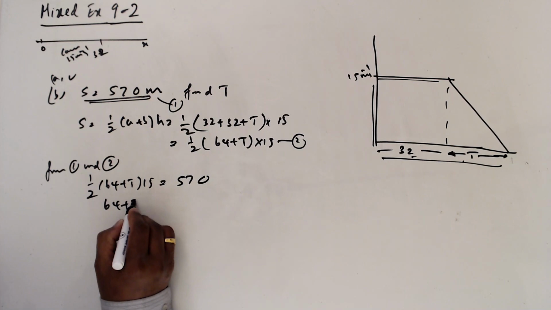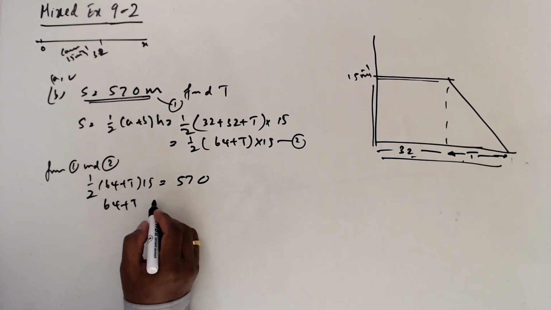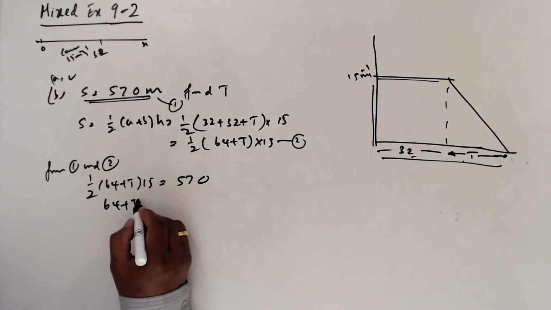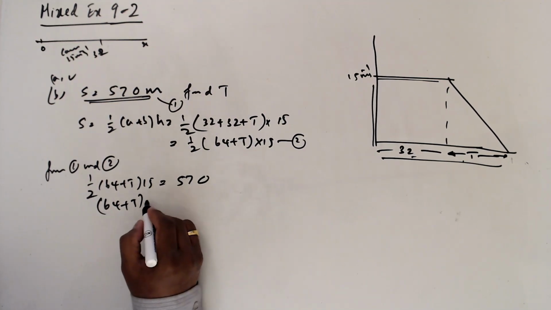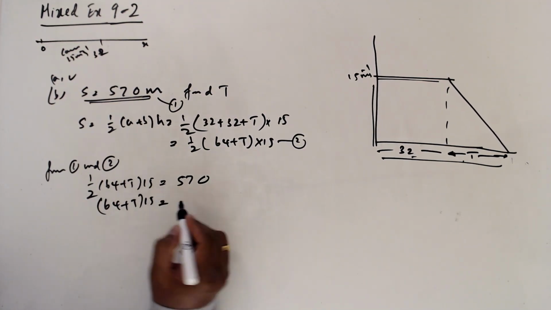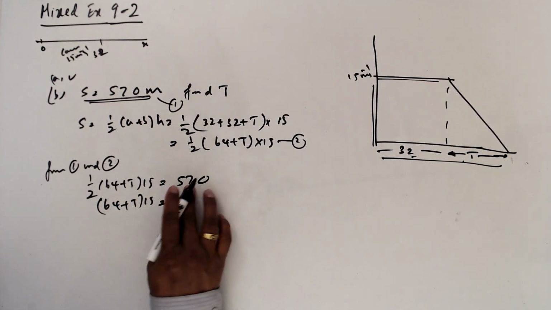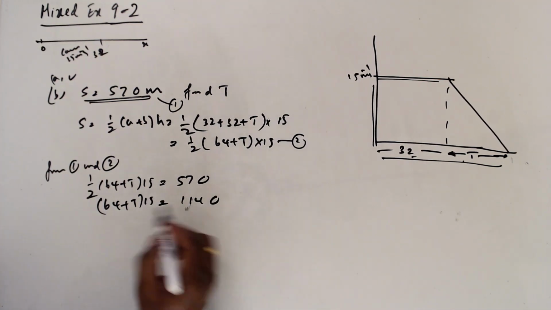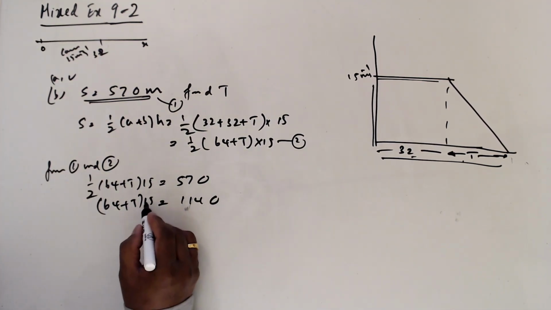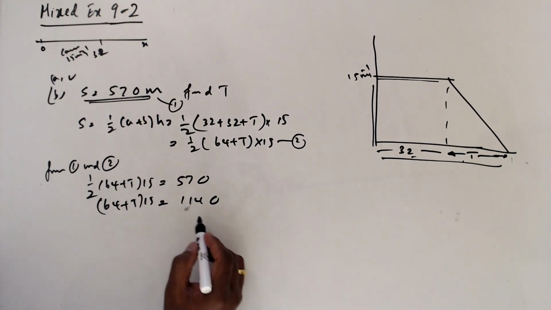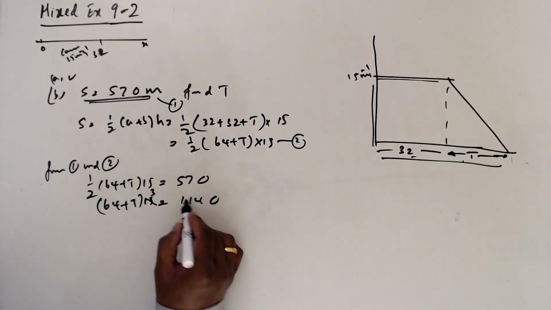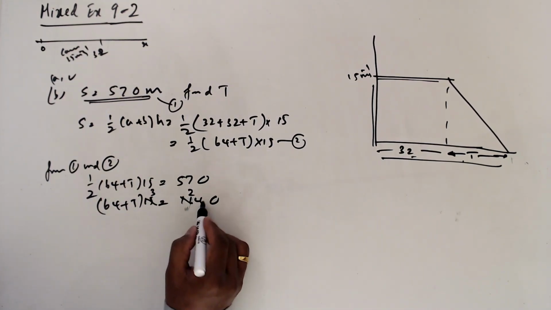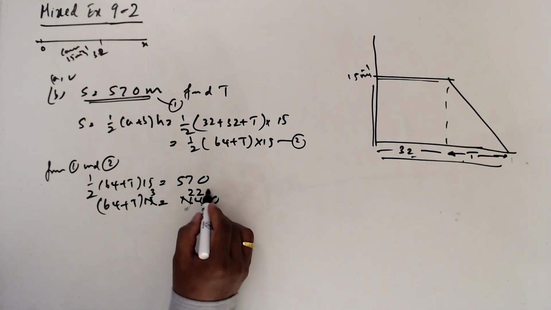So (64 plus T) times 15 equals 1140, multiplying by 2. Then I can divide by 5. We'll see, this is 3, this is 2, and 14, still 2, 48.